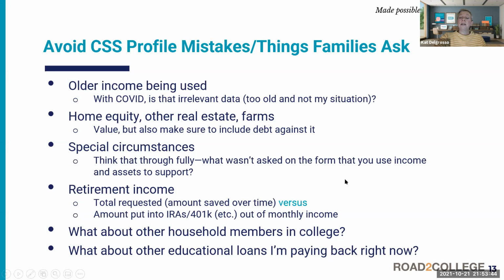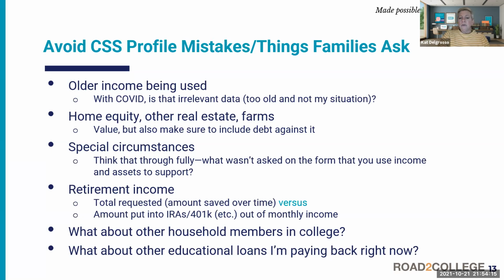But if you wanted to put that in special circumstances, let's say, for example, you're having to retrain because you were laid off from a job and you're having to go back to school, maybe even going full-time, I don't know, but you're retraining in some way, then definitely put that in the special circumstances so they know that. But otherwise, it's not in the calculation for the parents being in college.